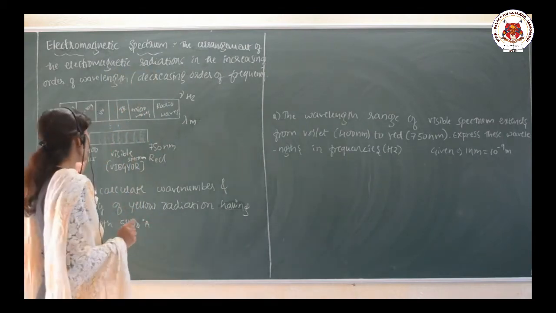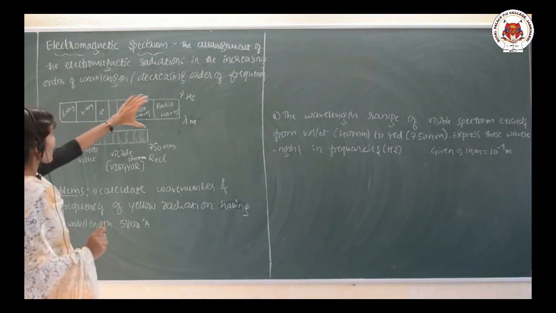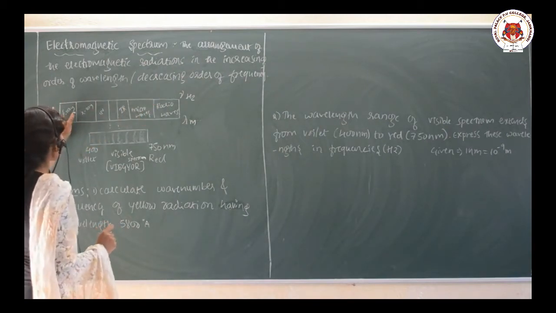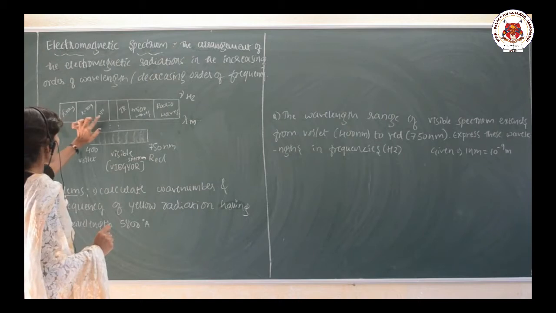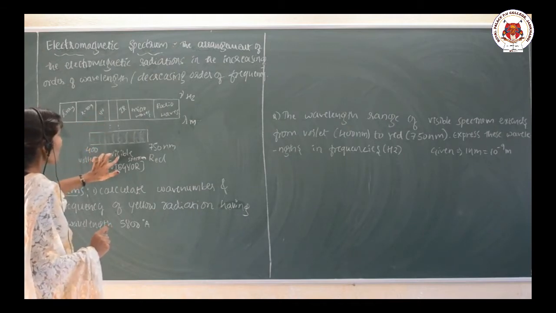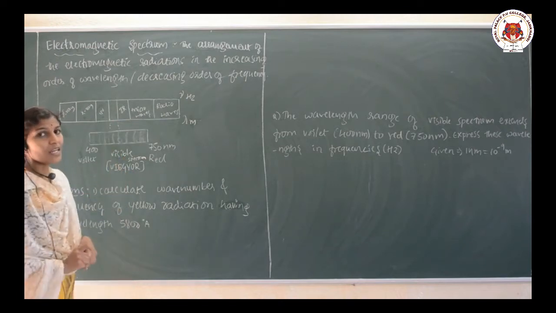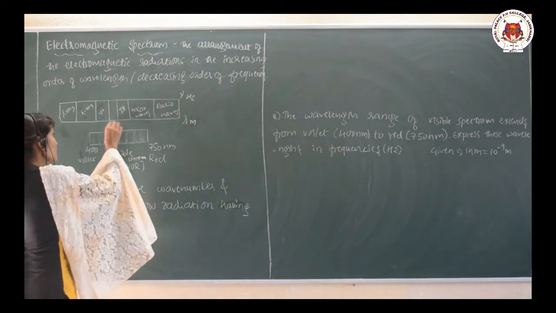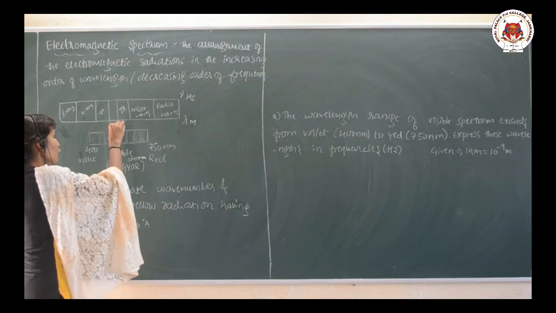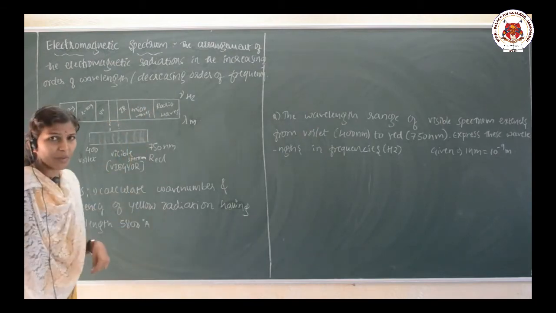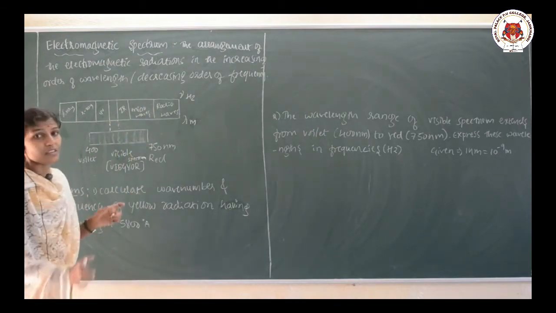Suppose this is the electromagnetic spectrum. Here the radiations, gamma rays, X-rays, UV and visible light, IR, microwaves, radio waves, are all arranged, and the smallest portion of the entire electromagnetic spectrum is the visible spectrum.